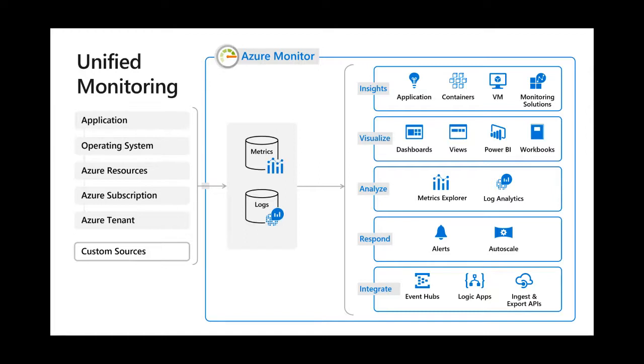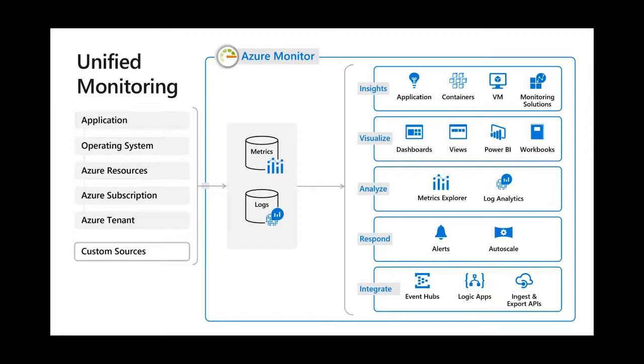All you need to do is specify the path to the file where this application is writing the logs, and Azure Monitor will take care of parsing that file. You will be able to see the logs, query them, create alerts, and so on from the Azure portal.